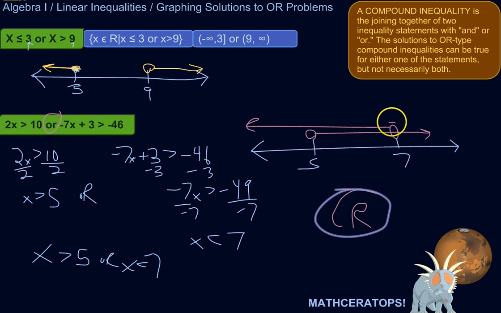The solution is all real numbers. Here's how to graph it. So just graph each one individually, and then that's it.